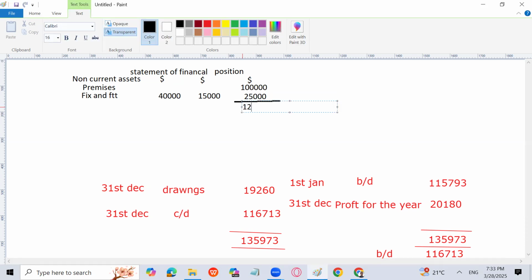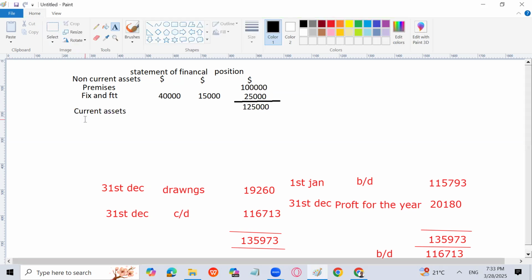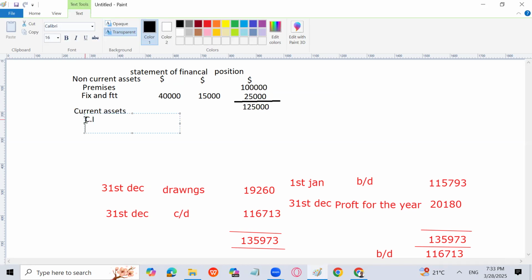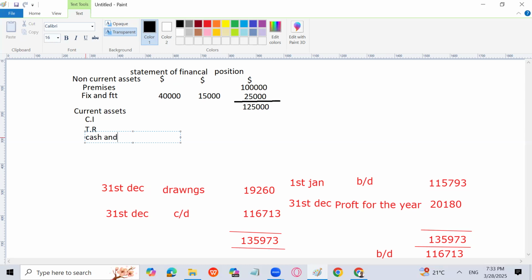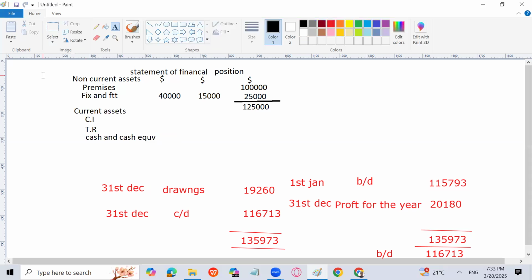I will write here 125,000. Now let's move towards the next part, which is current assets. In current assets, we used to write the closing inventory first, then the trade receivables, then cash and cash equivalents. You know that. Then prepaid expenses can be a part of the question.